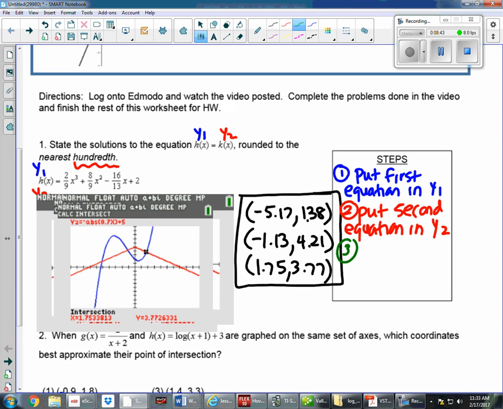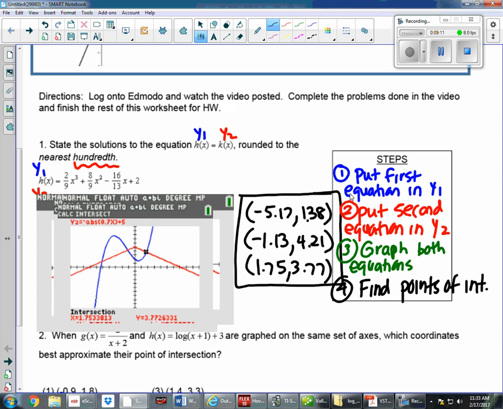Step 3 would be to graph both equations. And I highly recommend you do a little sketch on your paper. And step 4 would be to find the points of intersection.